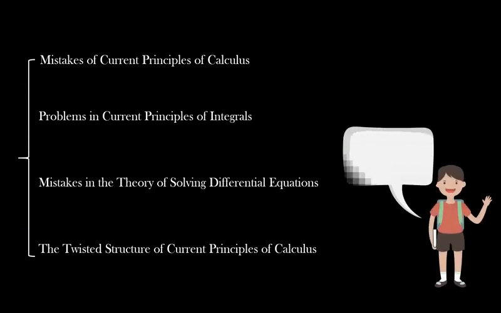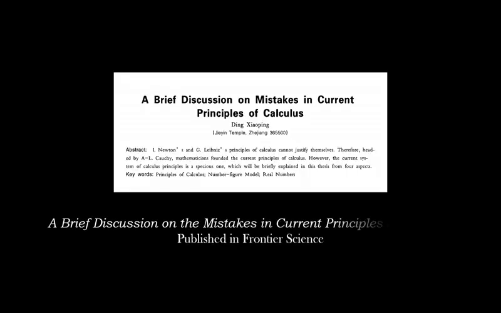In a word, such a system of principles of calculus has lost its proper meaning, so it should not be accepted by mathematics. Here, we have introduced the main points of Ding's "A brief discussion on the mistakes in current principles of calculus", published in Frontier Science.